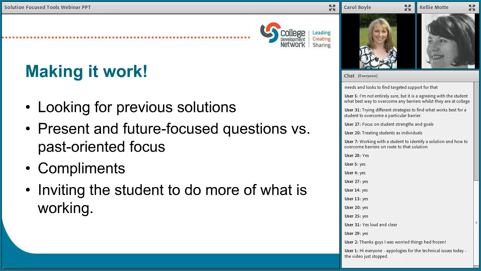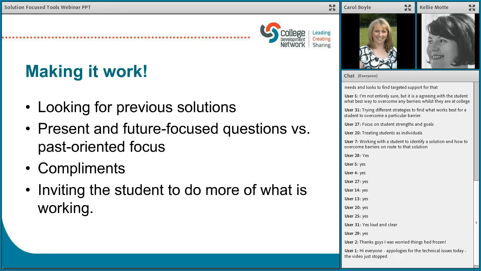There are all these little light bulbs that start going off, and you think, right, let's build on that. They might have a study technique which they have used in the past, and because they've used it in the past doesn't mean we can't build on that now and into the future. So I think as needs assessors, we do need to use more of this type of technique to draw out information from the students and engage what their strengths are.